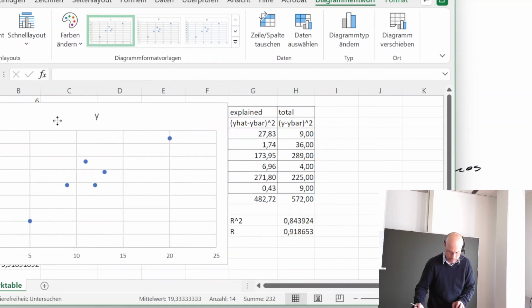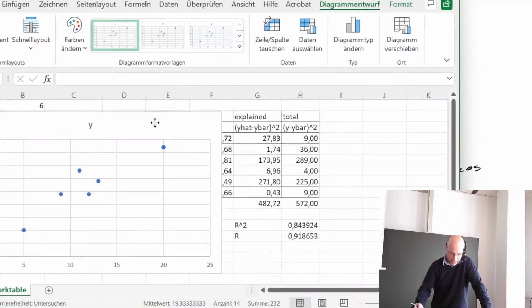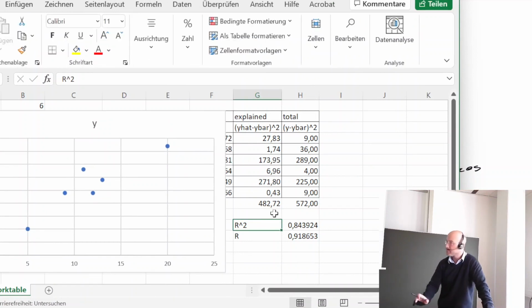Because what do we also have to keep in mind when we first calculate the coefficient of determination, and via this we calculate our coefficient of correlation. Since we have two numbers which, if we square them, give us the result, what could also be our result?